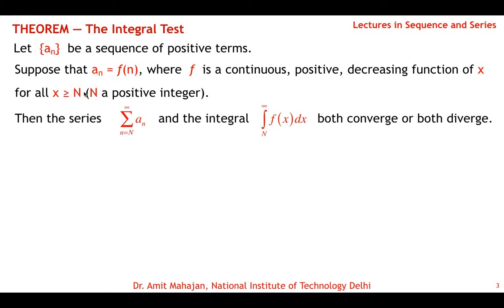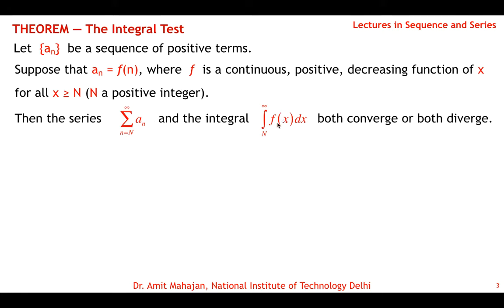So after some point capital N, the function and the points of the sequence lie at the same place for integer values, and the function is continuous, positive and decreasing. Then the series from n equals N to infinity of a_n and the integral from N to infinity of f(x) dx both converge or diverge together. So either both converge or both diverge.